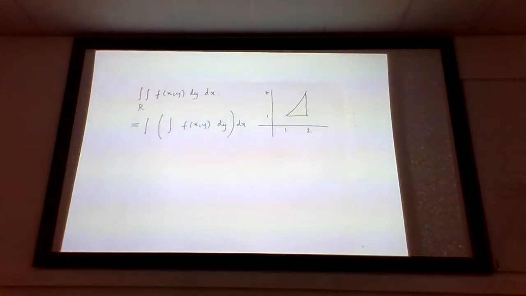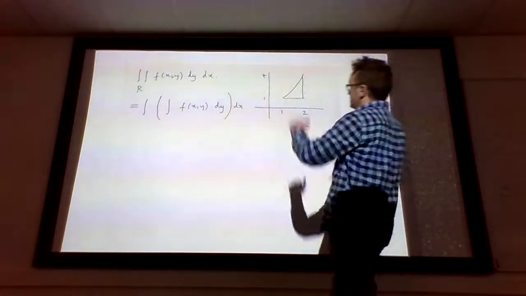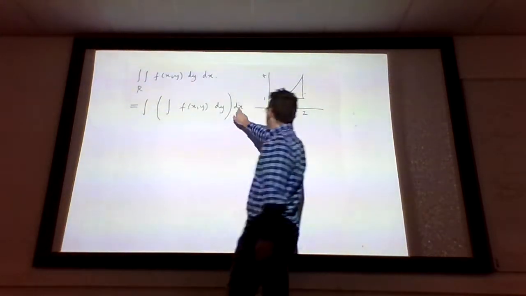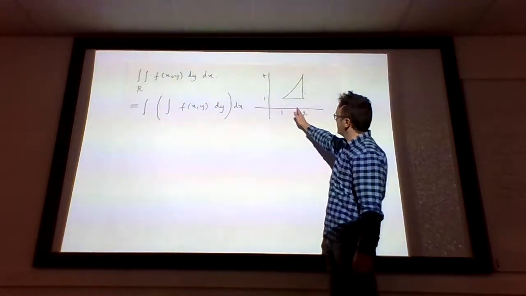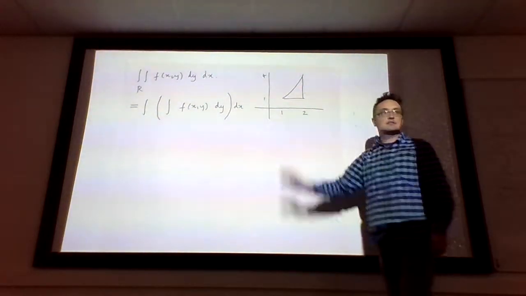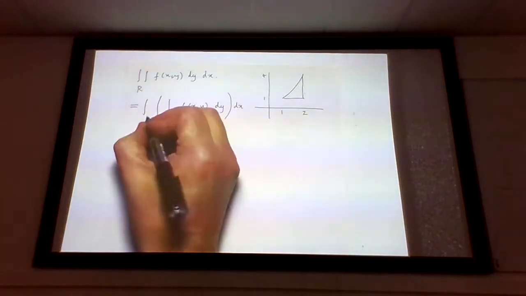The reason is because we now have to look at this non-rectangular integral, take our broadest look at it, and ask ourselves, what's going on with the x variable? Well, in terms of the x variable, we're integrating from x equals 1 up to x equals 2. Those are the range of x values that you have to integrate over in order to cover the region.